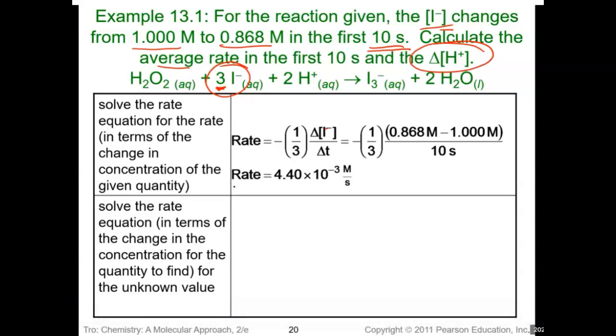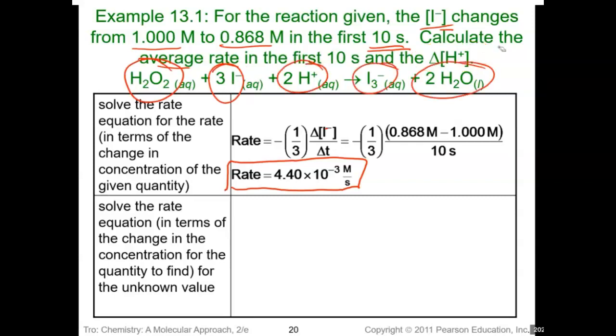So remember, whatever rate you get, that is the rate with respect to anything. That is the rate with respect to this, with respect to this, with respect to this. Remember, because the rate is the same with respect to any reactant or product in a reaction. So if we want the rate with respect to H+, well, let's write it.